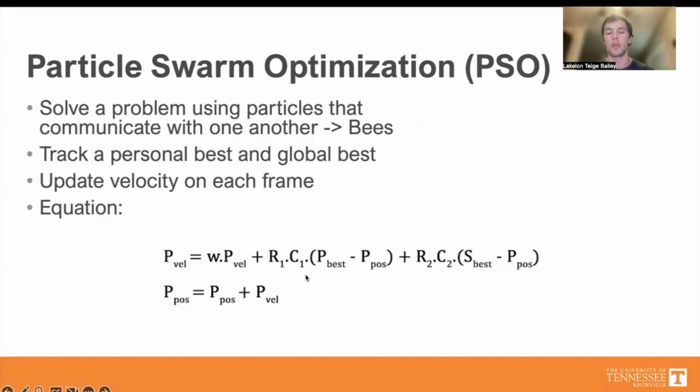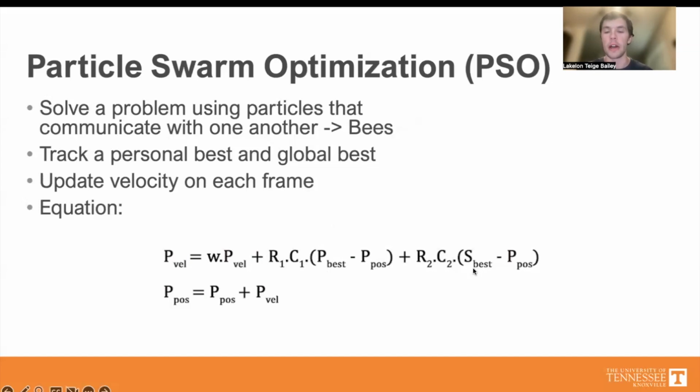And that is multiplied by the difference between the personal best and their current position. The R1 coefficient here, and this applies to this R2 coefficient over here as well, these coefficients are just random values between 0 and 1, and this was applied just to simulate some of the randomness associated with biology.